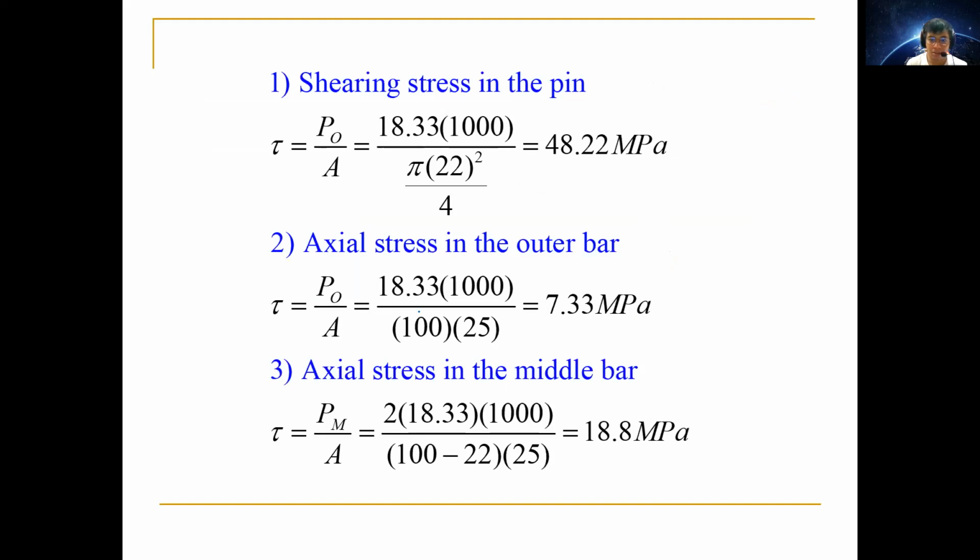Notice there are quite a few typos here, but this one should be axial stress. This would be sigma, and this one should also be sigma. And take note that this one shouldn't be minus 22. If you look at the cross-sectional area of the steel bar, this is the 100 by 25 millimeters.